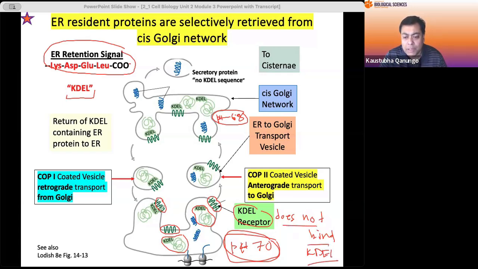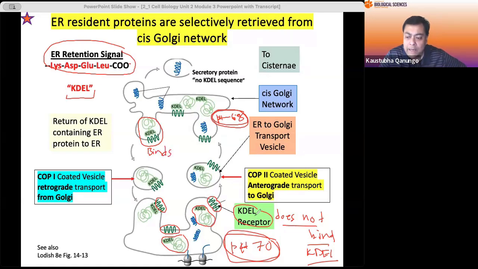See that it's not binding, not binding. On the other hand, when these proteins are accidentally transported to the Golgi at pH 6.8, the KDEL protein and the receptor bind to each other. This becomes high affinity.